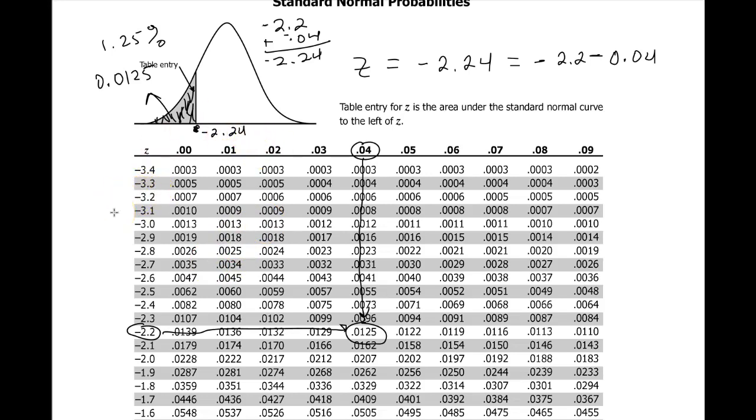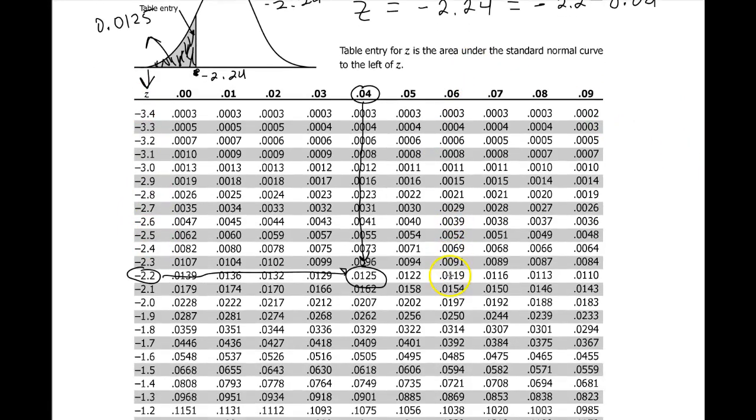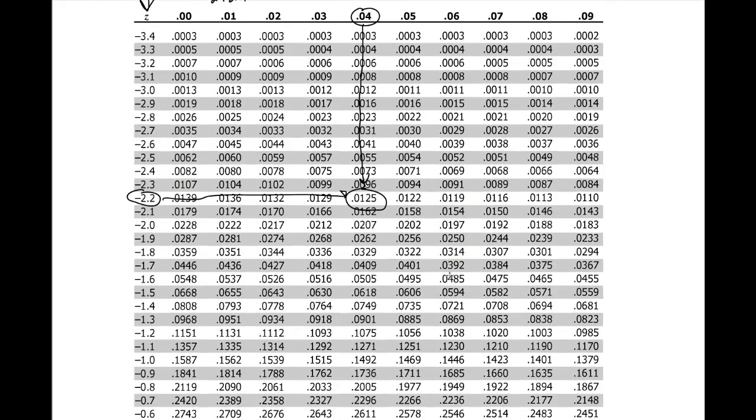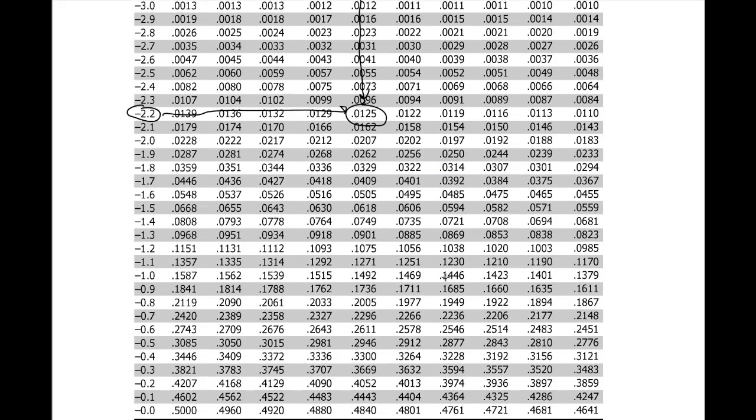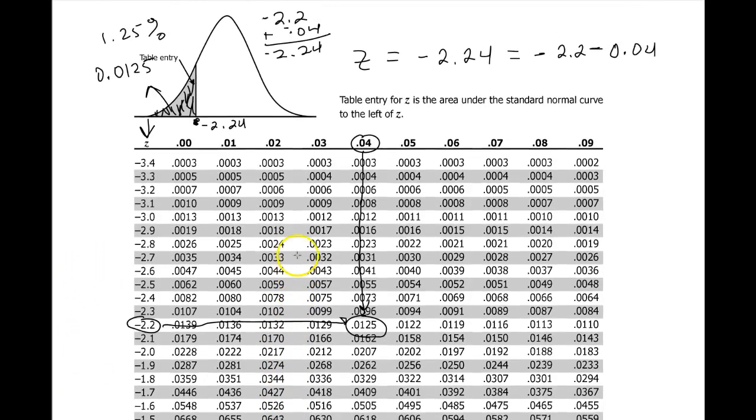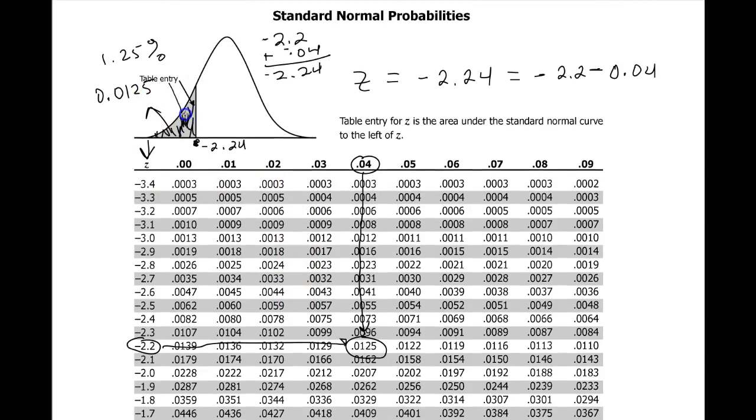So to figure out the one that we need, we're going to go to the other part of our table here, because as you notice, the Z values that we have here are all negative, okay? And if we keep scrolling down, they're all negative until we get to right before 0. Okay. And on the next page, I'll have the positive end of the graph. You see how this area is on the left side.